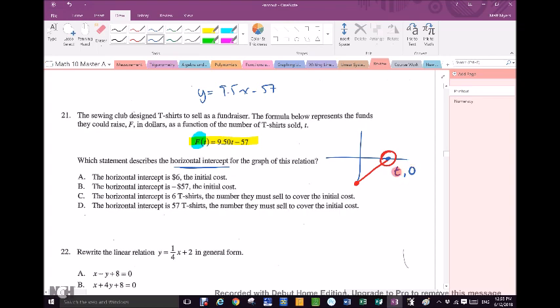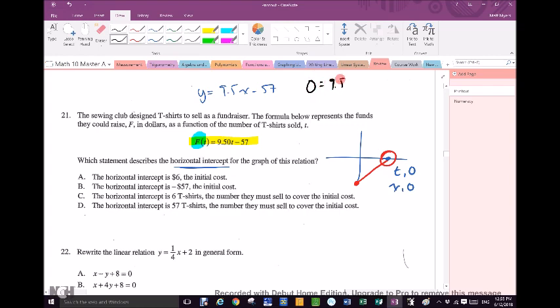Because I don't know what the t value is, do I? T is also x, isn't it? Okay, so what can I substitute up here? I can substitute the y with what number?